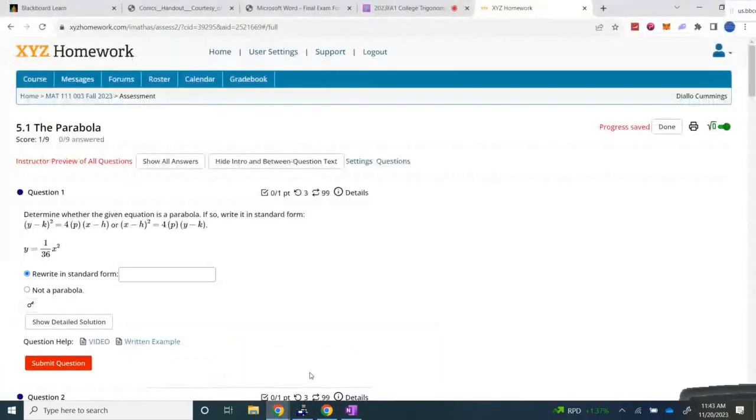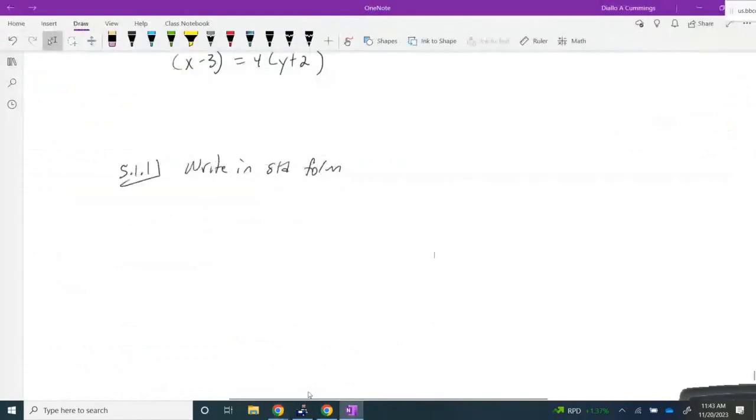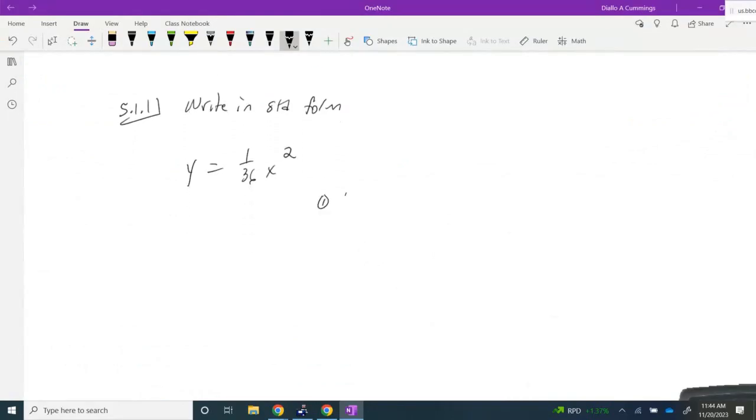And what was the question? y is equal to 1 over 36 x squared. The first thing I'm going to do is get the x squared variable by itself. So I'm going to divide both sides by 36.